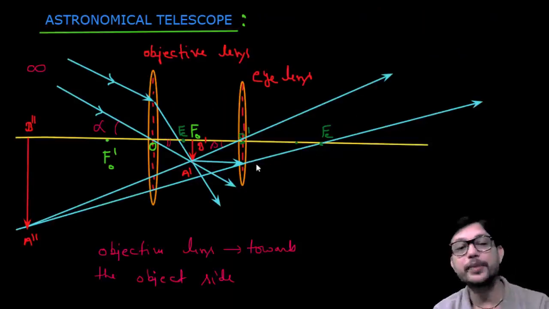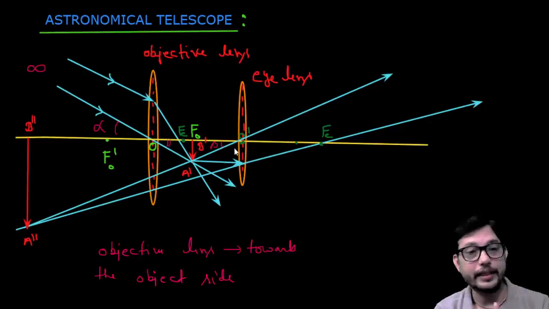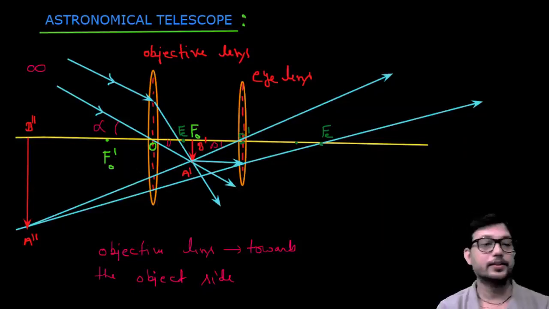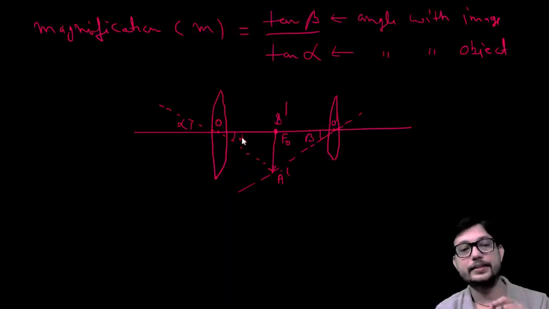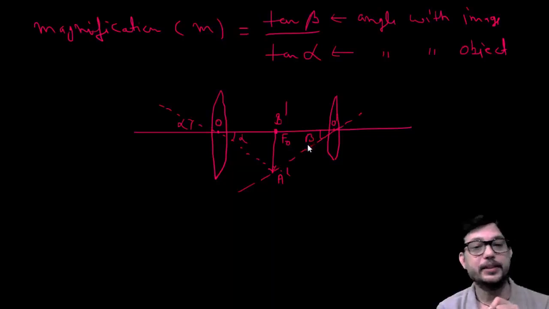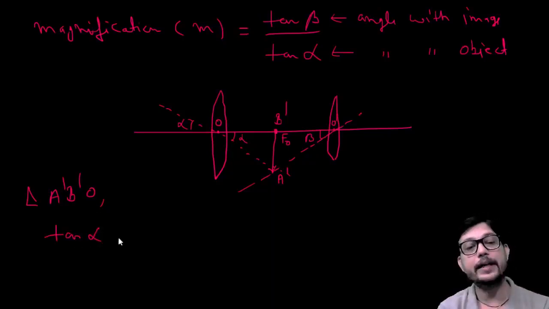So you can compare with your proper diagram. This is your angle beta. So here you can see that this is alpha and this is your beta. Now if we consider the triangle A dash, B dash, O, and calculate the value of tan alpha, tan alpha is perpendicular, meaning A dash B dash, upon base, which is OB dash.